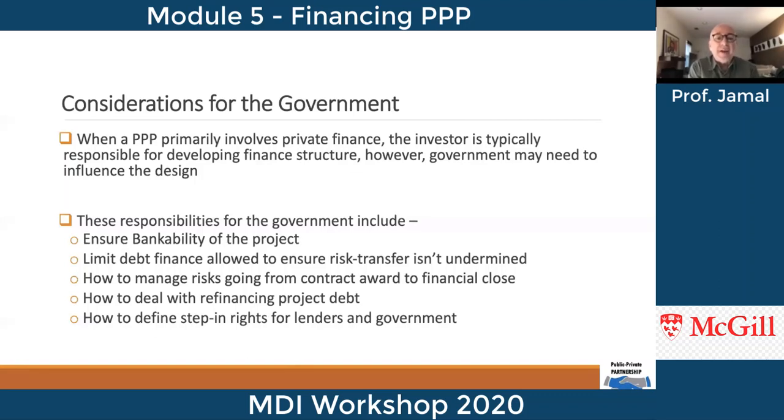Then limit debt financing to ensure that risk transfer is not undermined. Then you have to ask yourself how to manage risk going from contract award to financial close. And that's an important nuance that we would like to bring here.